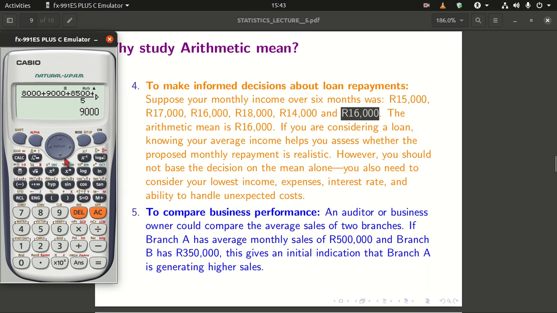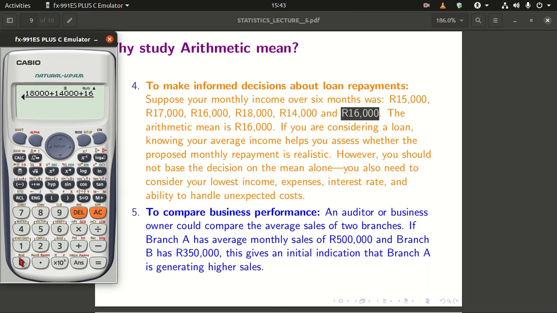Let me calculate it. Let's say you have 15,000, plus your 17,000, plus your 16,000, plus your 18,000, plus your 14,000, and then you have your 16,000.